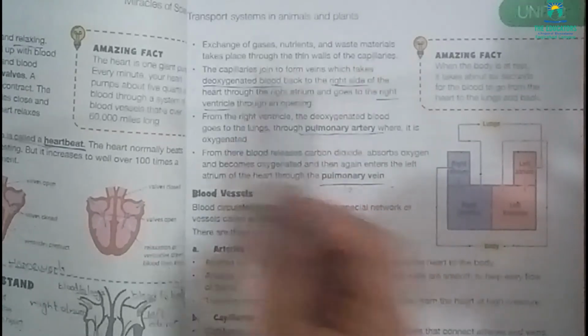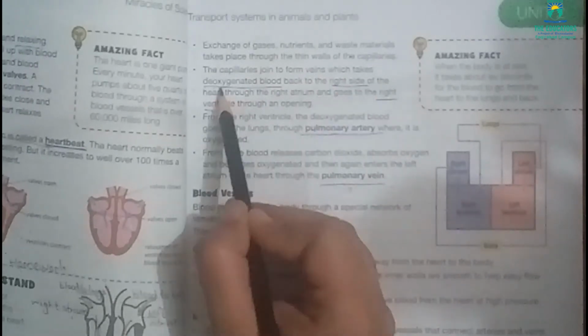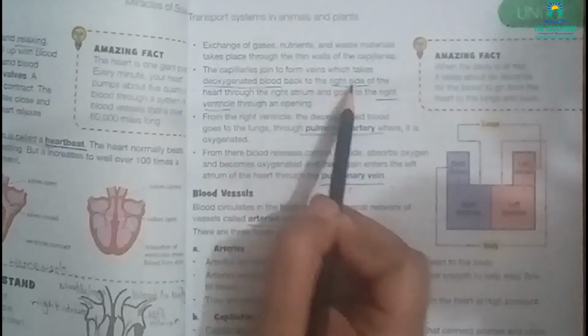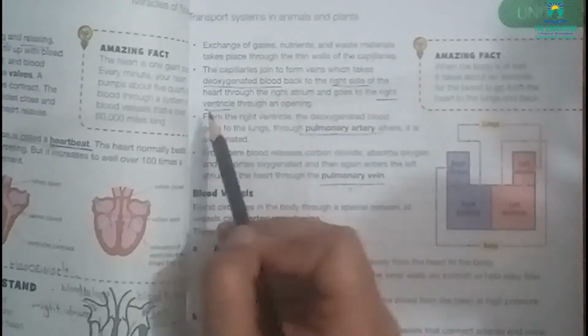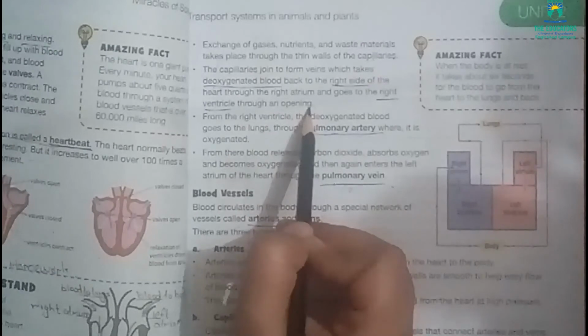The capillaries join to form veins which take deoxygenated blood back to the right side of the heart through the right atrium and then to the right ventricle through an opening.